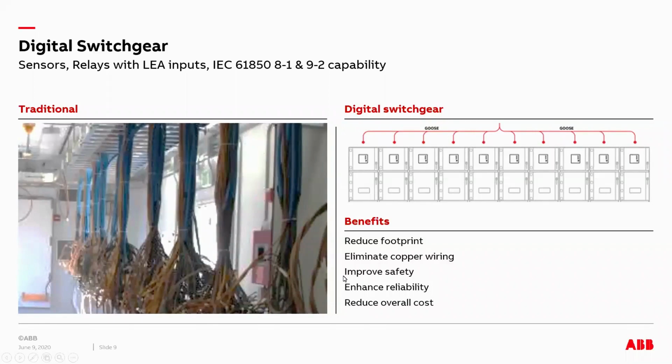We are also eliminating the CT saturation condition, because the sensors are linear devices, which means there is no saturation in that. It offers a very wide range of current for its operation, which enhances the reliability of operation, and it reduces the overall cost of ownership.